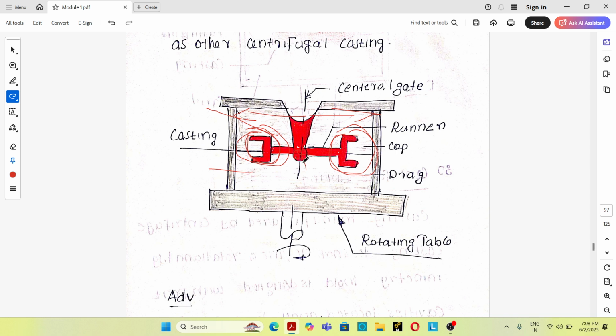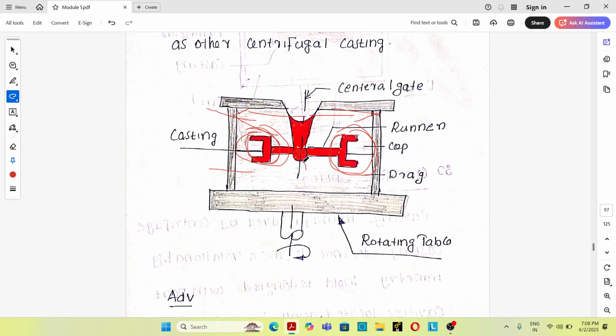This method is only used for producing small sized castings in large numbers. Okay, so these are the three methods of centrifugal casting: true centrifugal, semi-centrifugal, and centrifuge pressure casting.